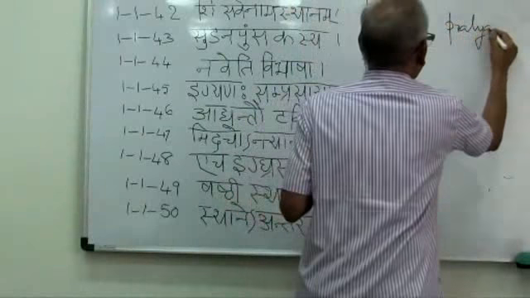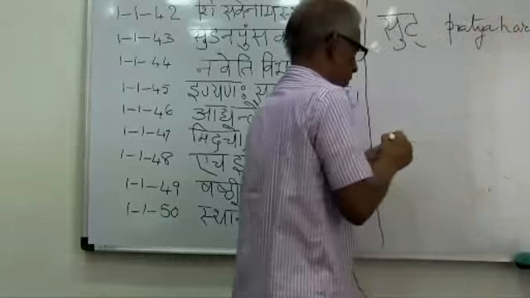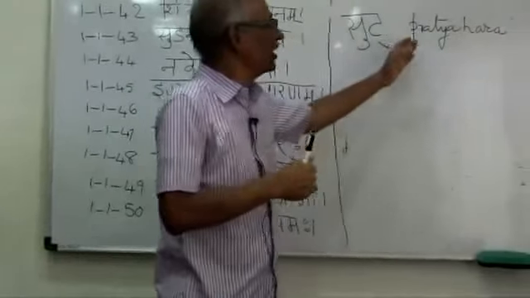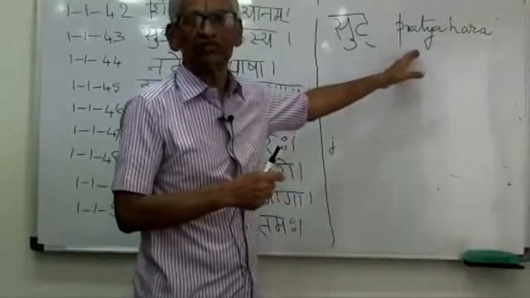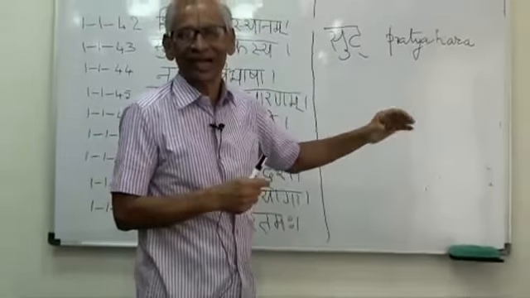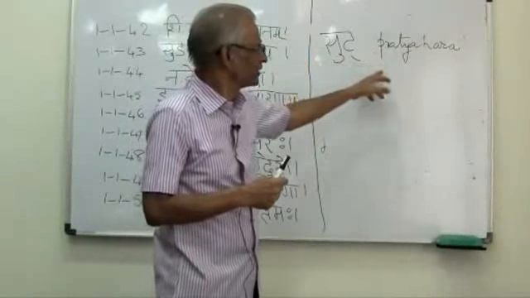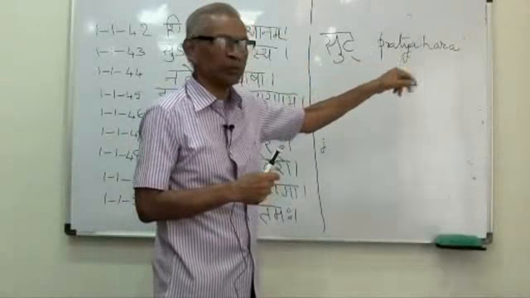In the first or second class, we have explained what is this pratyahara. We have learnt how to build up pratyaharas in the Maheshwara Sutras. For example, An, In, Ach, Hal, etc. We have learnt how a pratyahara is to be built up.